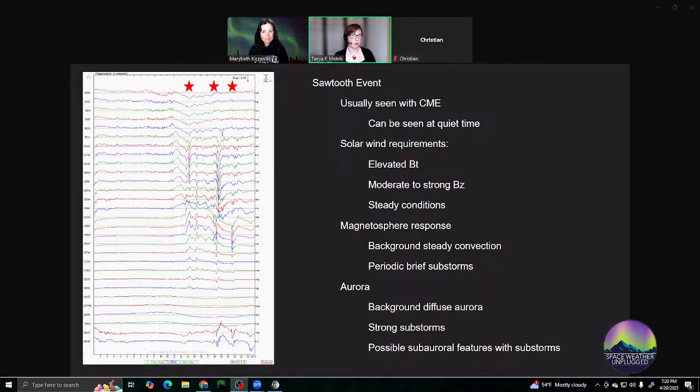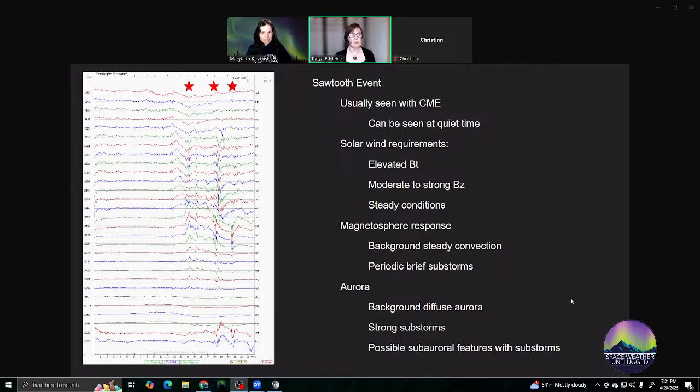You almost can set your clock to it and say, okay, this substorm fired, BZ is still going, so until it either turns north suddenly or sustains, you can sort of time where you're going to see aurora. So you can move to a different location or potentially stay put and wait for the next substorm to hit.